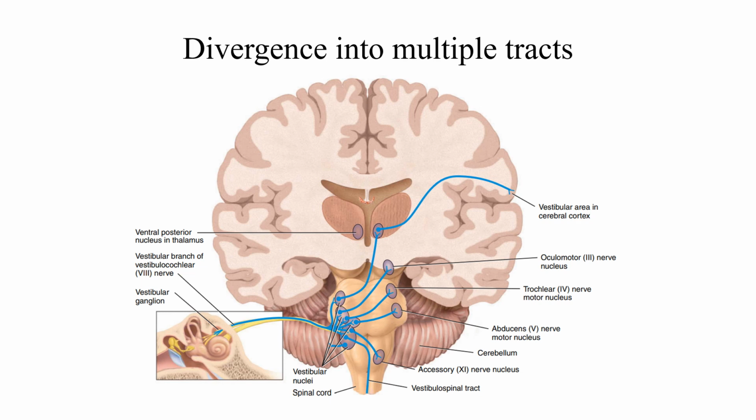It also has to reach the cerebral cortex for processing and to get perception of the position of our head in relation to space, and so it has to diverge into many pathways and send these types of sensory information.